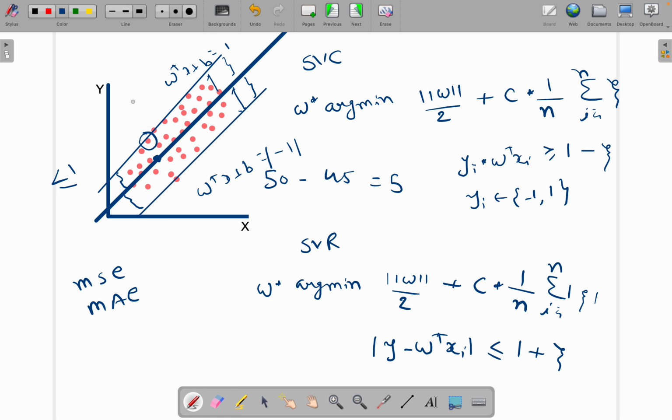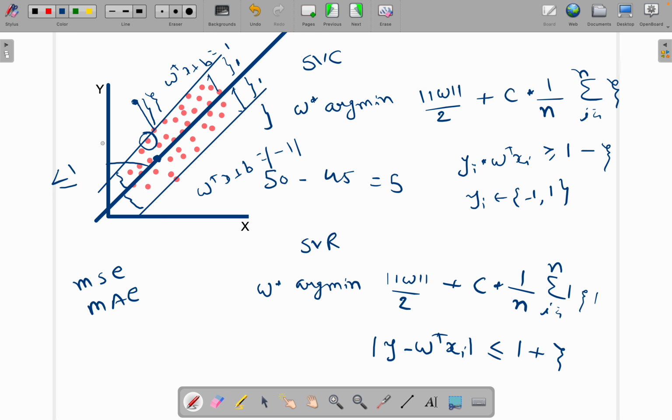But let's say my actual point is here and I am predicting this value, let's say this y. Then my difference will be larger than 1, because from this to this it is 1 and from this to this it is 1. If I go far away from this plane, it would be greater than 1. Then I would say this distance is my eta.